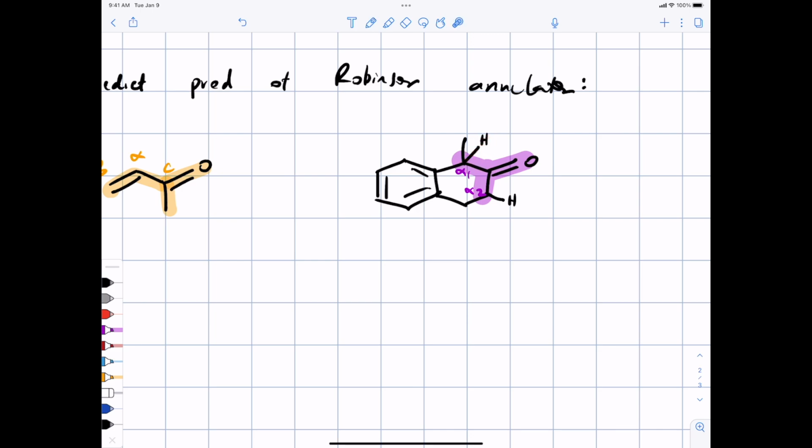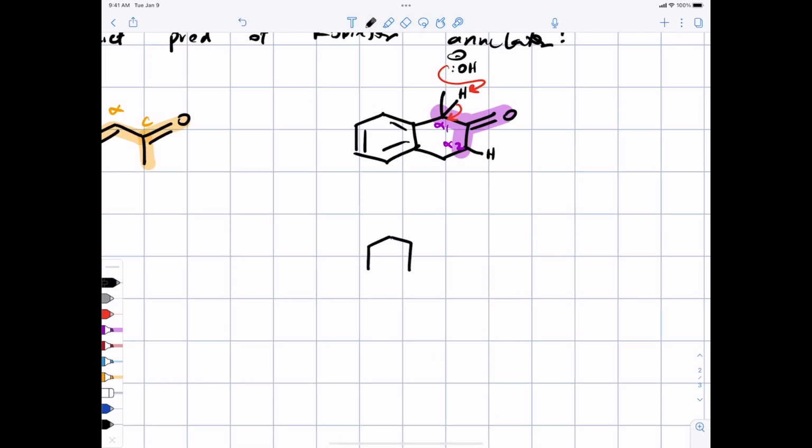Resonance. So it is more substituted, but that doesn't necessarily make it more acidic. That makes the enolate more stable. You've got resonance, it's alpha to 2 pi bonds. If you have a base remove the proton, then the resulting enolate is resonance stabilized in more places.